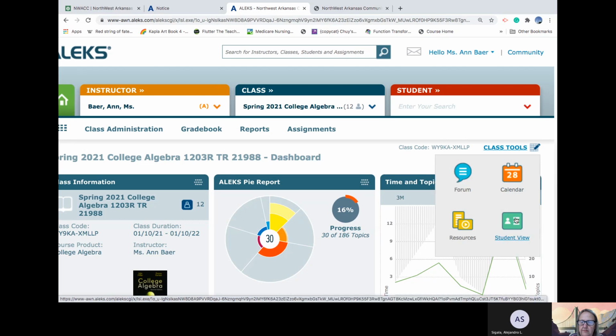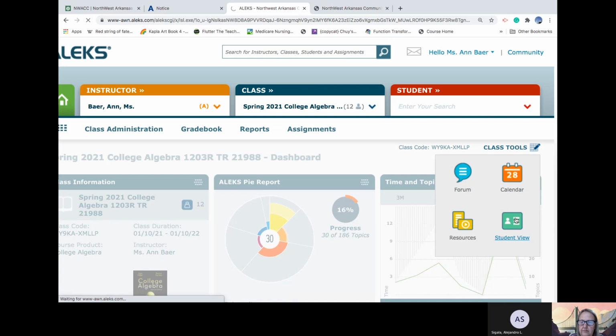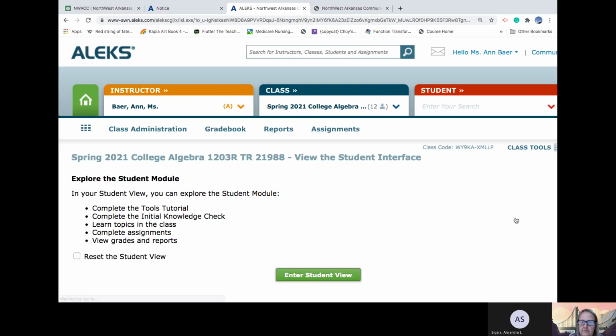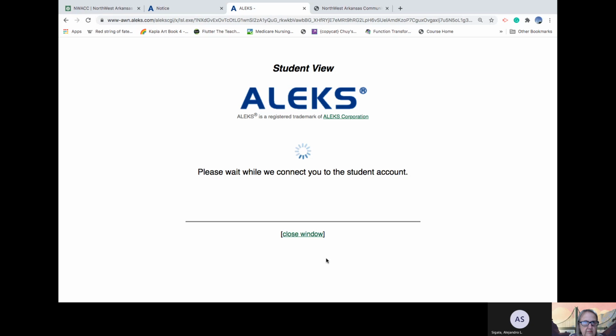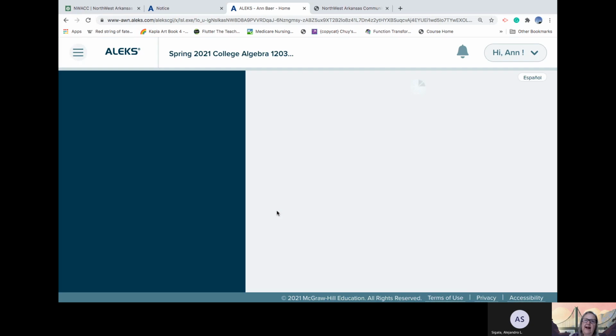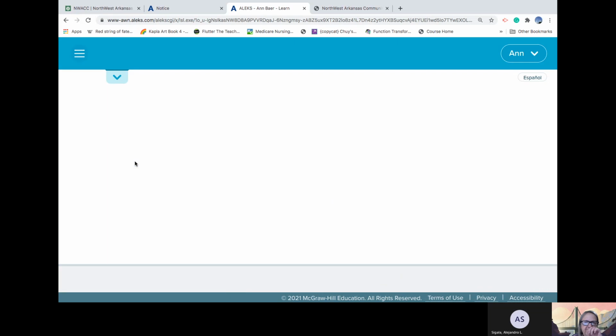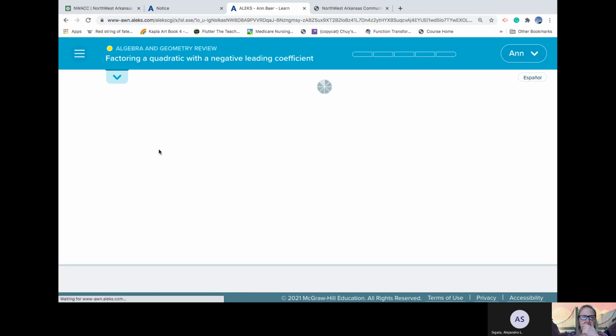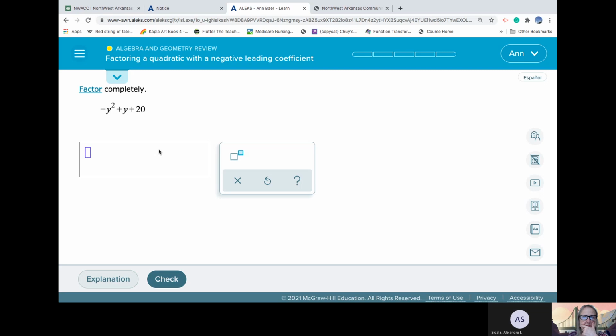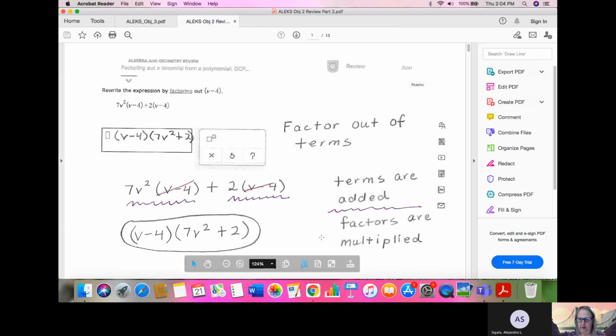Yes, I am in the last topic of the review. I finished 5 last night. It is called using subtraction to factor polynomials. And it says factor completely. So one of the questions is open parentheses x squared plus 8 close parentheses squared minus 5 open parentheses.